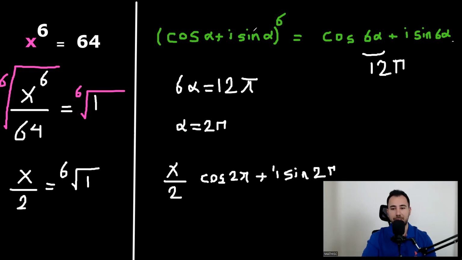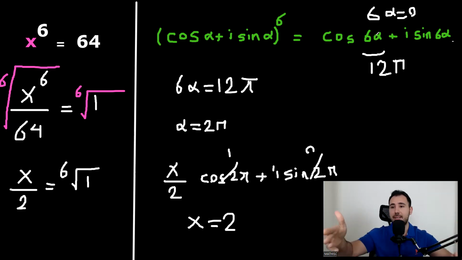Okay, so just look at it. Again, this would be 0. Okay, this would be 1. And x would become 2 again. And that was the first solution. When we said earlier that 6 alpha equals 0, we were producing the same solution. So if you just continue, instead of 12 pi, you write 14 pi. It will not produce new solutions, okay? So there you go. We got our 6 solutions.